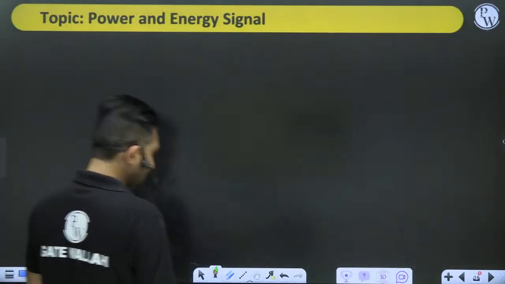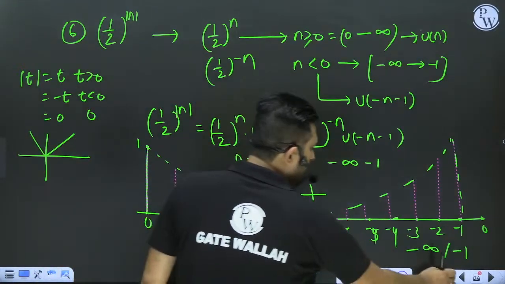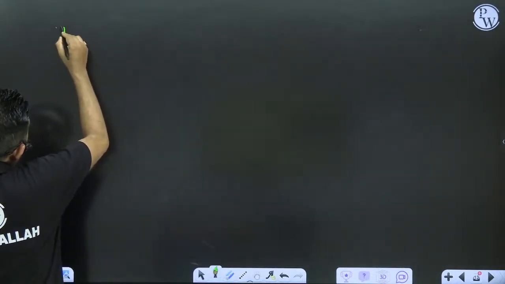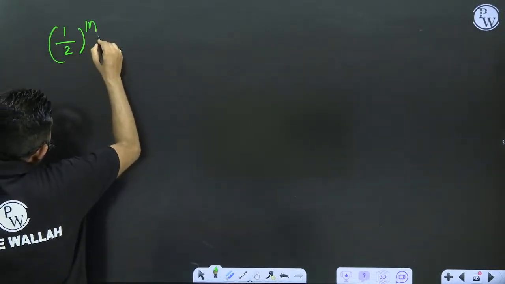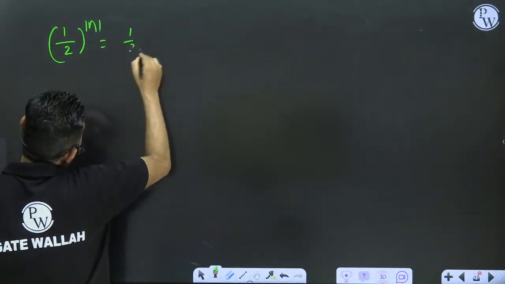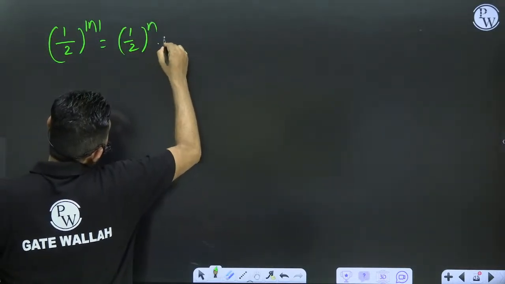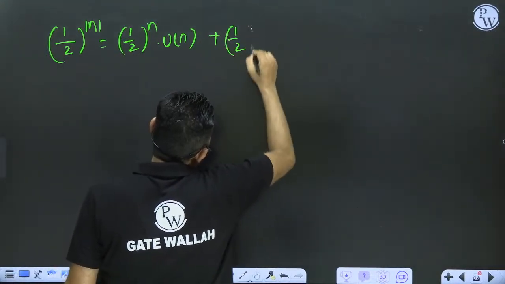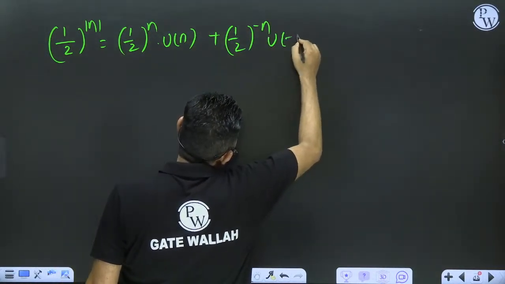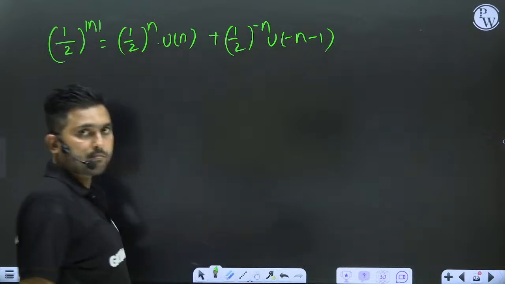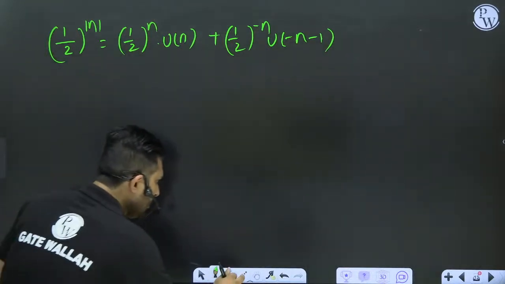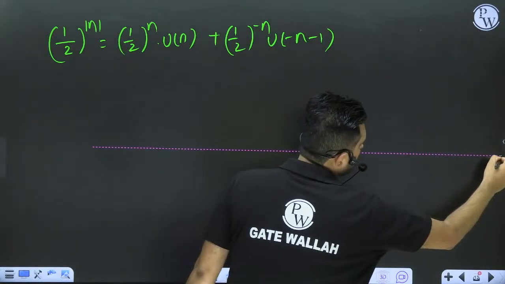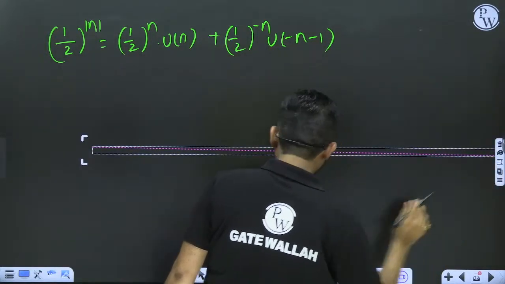You will get (1/2)^|n|, which is (1/2)^n u[n] plus (1/2)^(-n) u[-n-1]. Okay, then don't you think that I will get this function?